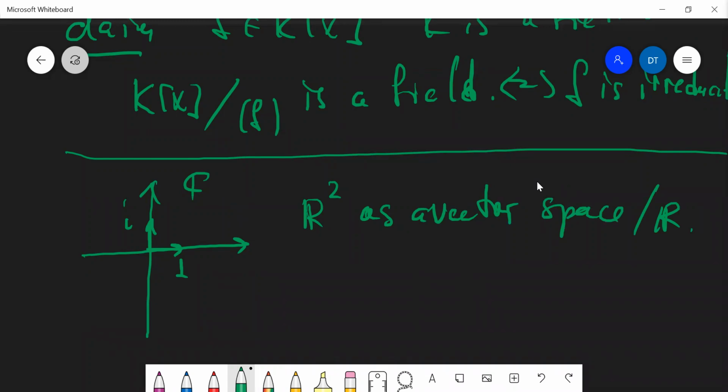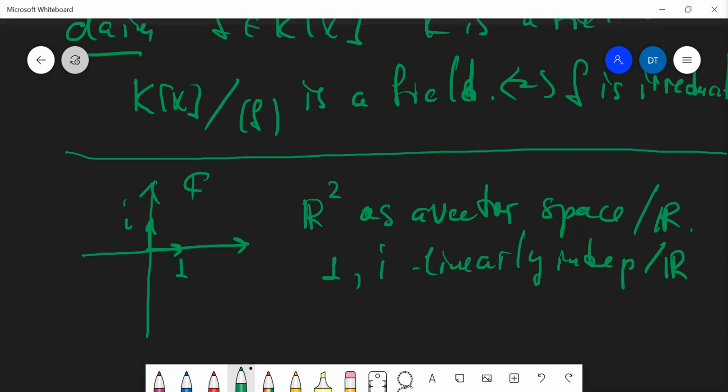Well, because what is by definition a vector space of dimension 2? It must have a basis consisting of two elements. So the elements 1 and i are linearly independent over R, and they are generators.